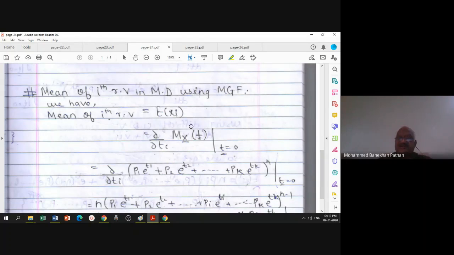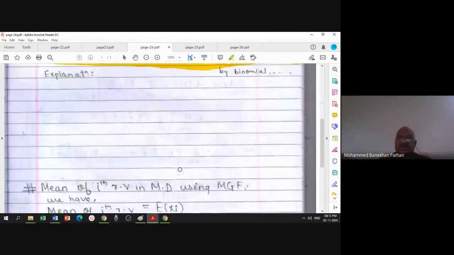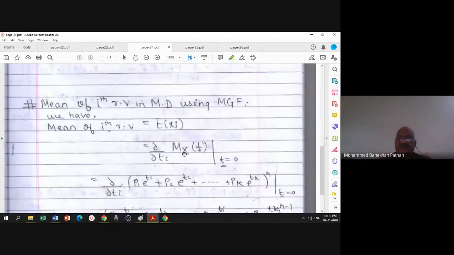Through MGF, we differentiate the MGF for the ith random variable, ti. M_X vector, t vector. Writing this big expression, you can make it short: M_X(t).